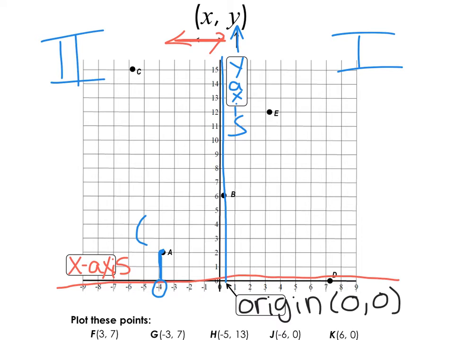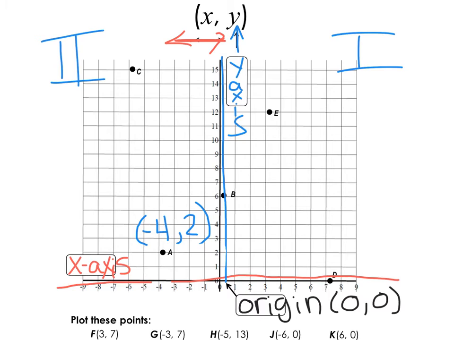So when I make my ordered pair, I'm going to put -4 for my x. Then I'm going to look at my y. Where is the number on the y number line? So we're going to look on our y, our up and down number line. And here I see that the number is a +2.